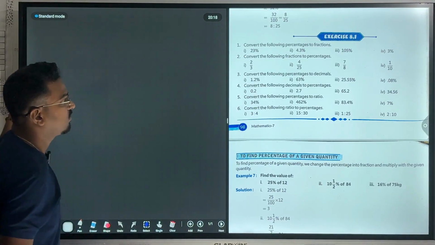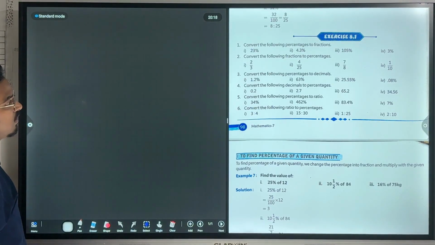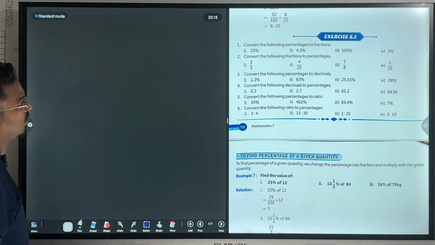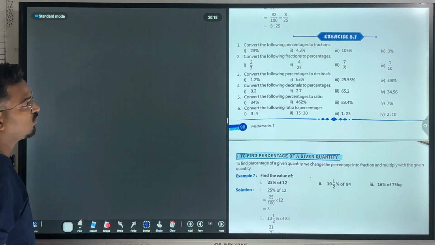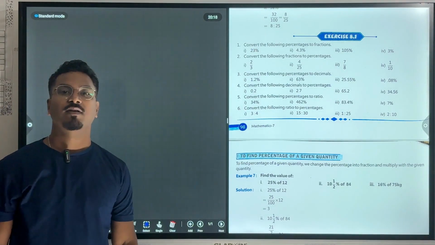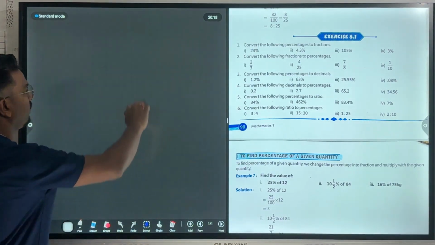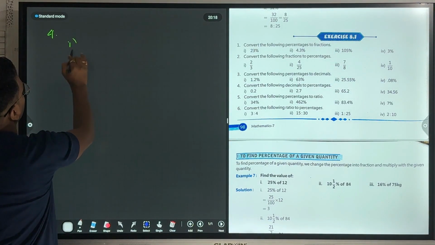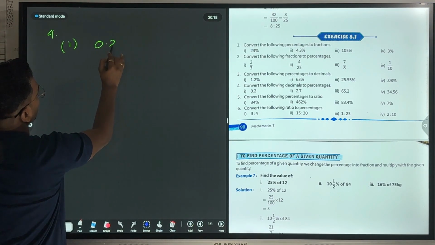Moving to the next question, question number 4. Convert the following decimal to percentage. Okay, now you have to convert this decimal to percentage. So what do you have to do here? Question number 4, Roman number 1. It is given 0.2.